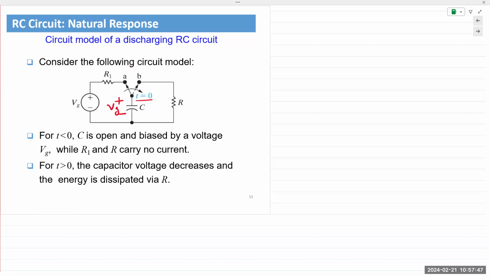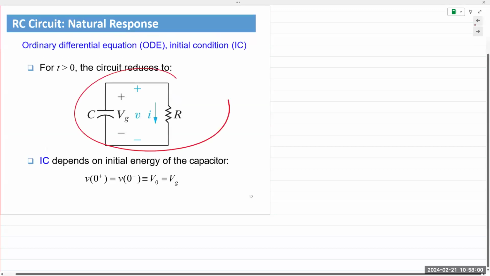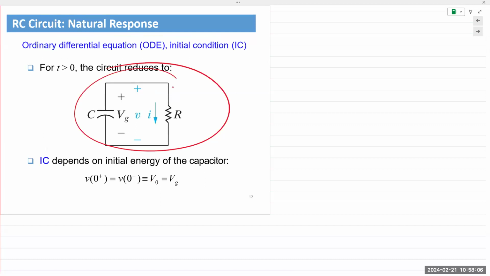When you flip the switch to the right to position B, the source and this resistor R1 are disconnected. The only things left in the circuit are the capacitor and the resistor. It's a fully charged capacitor, has a value of VG. Capacitor voltage cannot change instantaneously, meaning the voltage right before and right after the switch is flipped is exactly the same.